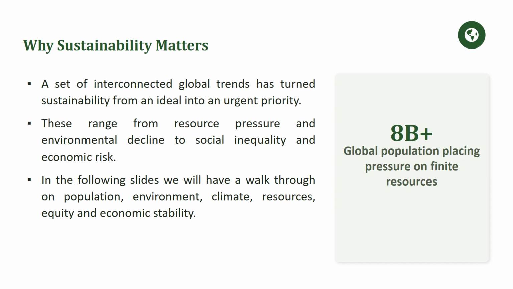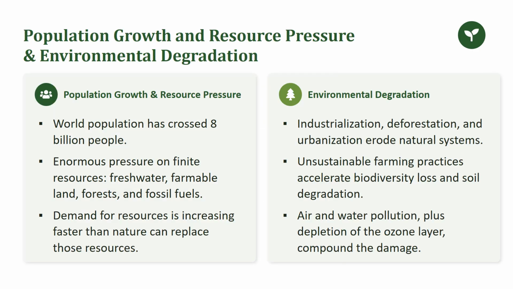This ranges from resource pressure and environmental decline to social inequality and economic risk. The following slides will walk through population, environment, climate, resources, equity and economic stability. The first one is population growth and resource pressure, followed by environmental degradation.